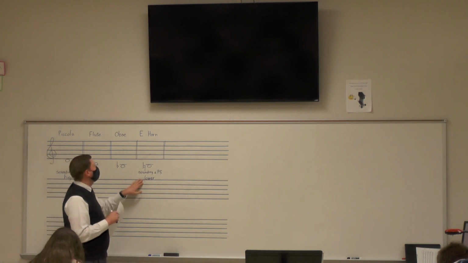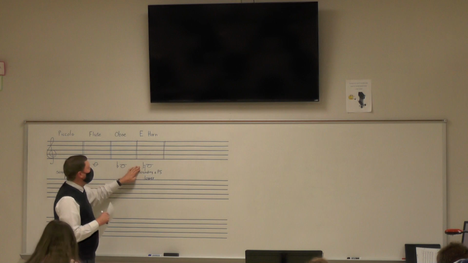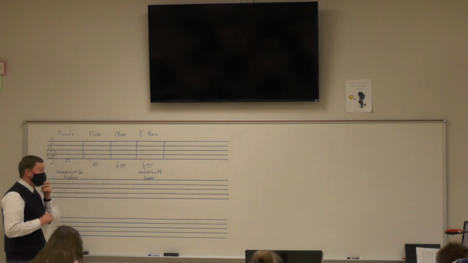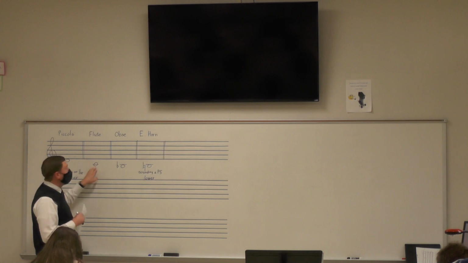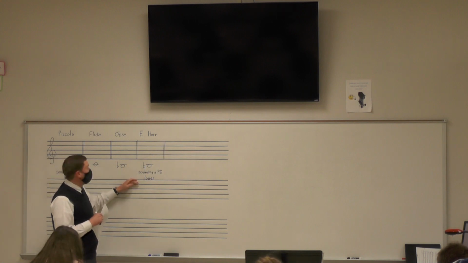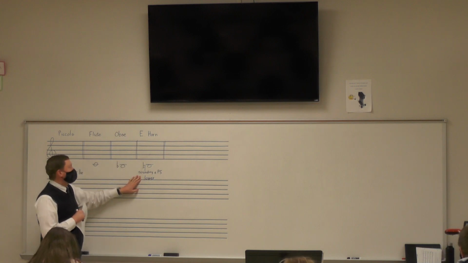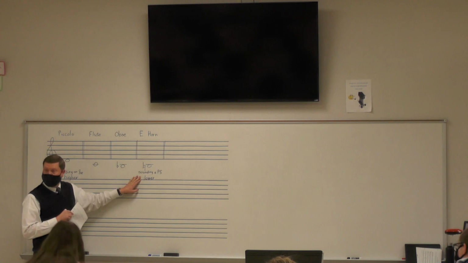And finally, the English horn. Please do not write anything lower than B natural. That is B natural 3, the B right below middle C, because it doesn't read or produce anything lower than that. However, the English horn is a transposing instrument. It sounds a perfect fifth lower than written.